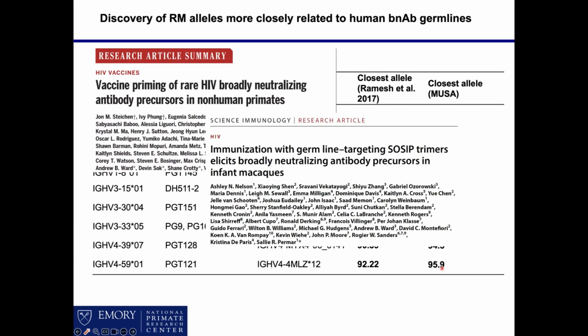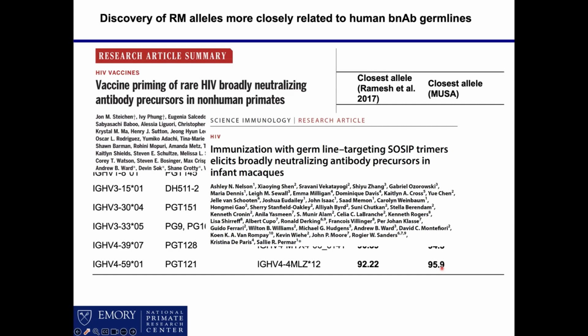The last thing I want to point out in regard to the VH1-2 allele, which is the allele that's used for the VRC01 broadly neutralizing antibody, is that separate to our studies, in a different group of monkeys, people have been successful in vaccinating these animals and getting what they term VRC01 class antibodies.